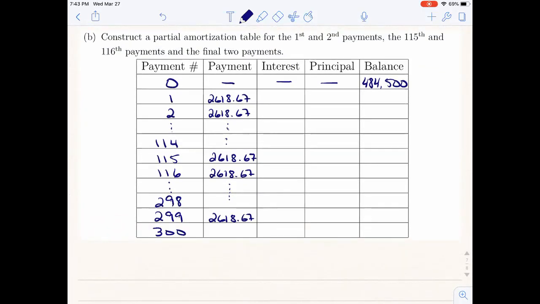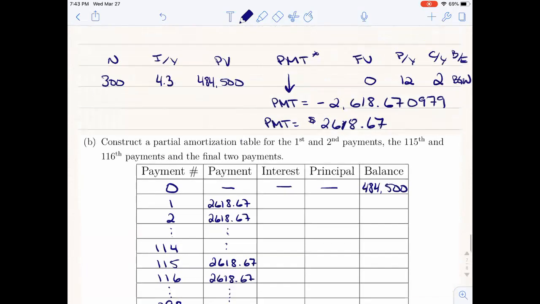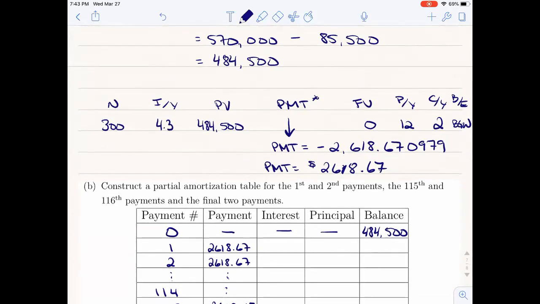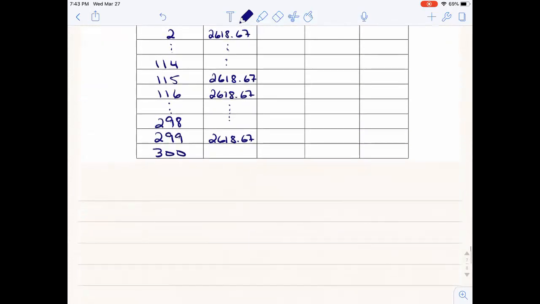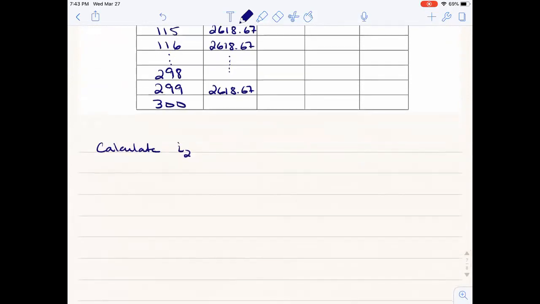To calculate the interest, we have to find I2. Because our compoundings per year is 2 and our payments per year are 12, we have to calculate I2 in order to find interest.